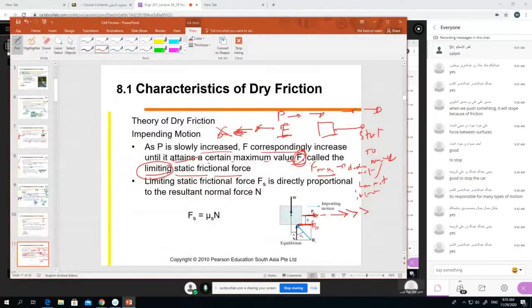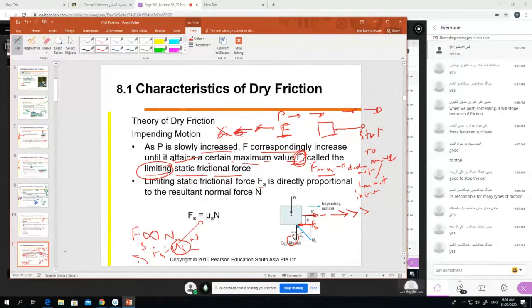If you keep increasing the force P, then F also increases, but up to a maximum value. This maximum value is called the limiting starting force, and it is directly proportional to N. So force F is proportional to N. But to remove the proportionality, we need a constant, and this constant is mu s, which is called the coefficient of dry friction.